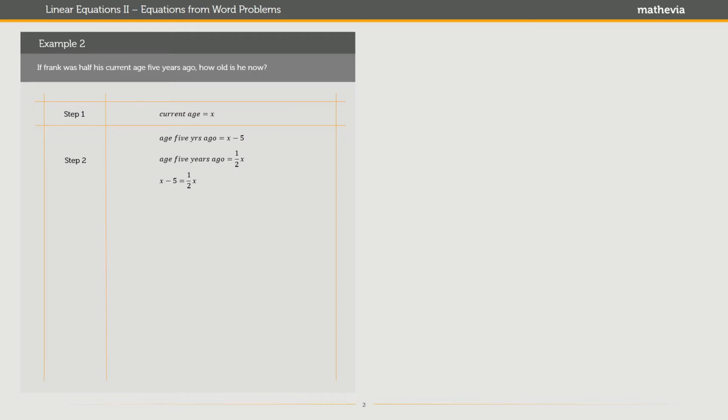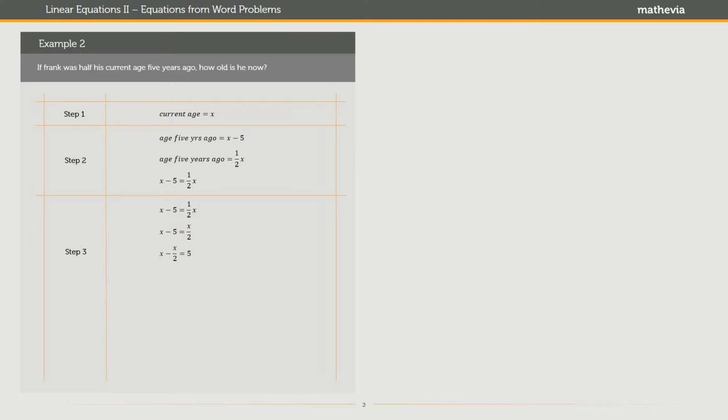Basically, if his age 5 years ago is X minus 5 because it was 5 years ago, and his age 5 years ago was half of his current age, it's fair to say that X minus 5 equals 1 over 2 X. And now we have our equation, and we just go ahead and solve it. So we have X minus 5 equals 1 over 2 X, X minus 5 equals X over 2.